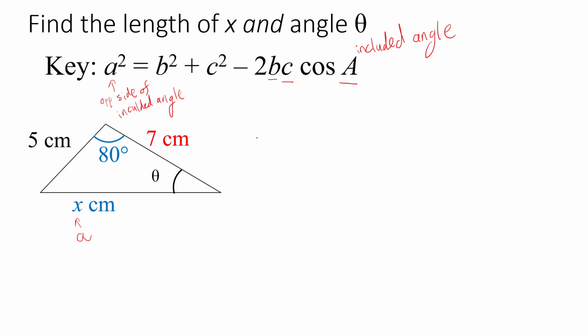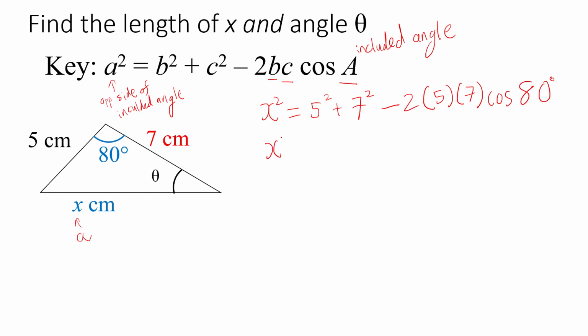Okay, so x squared is equal to b squared. So either we take 5 or 7, it doesn't matter. 5 square plus c, which is 7 square, minus 2 times 5 times 7 times cosine 80 degree.